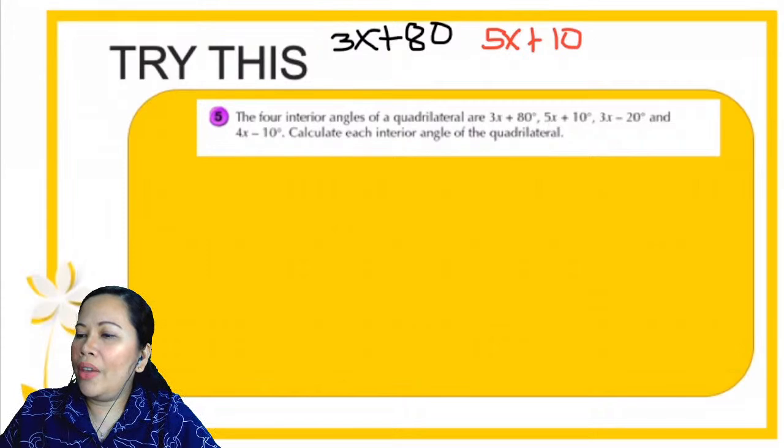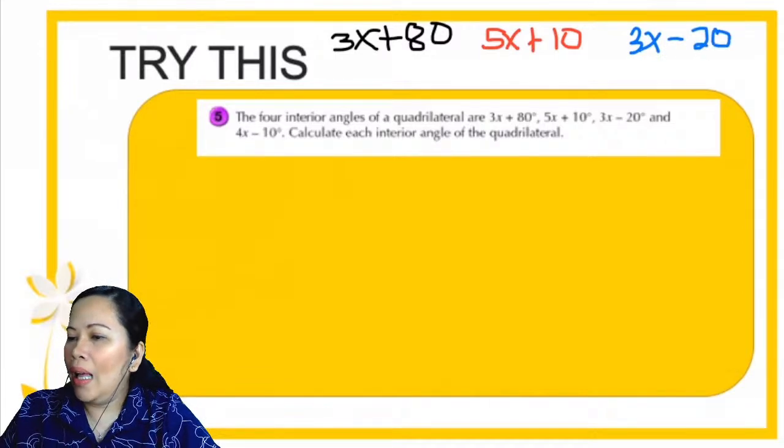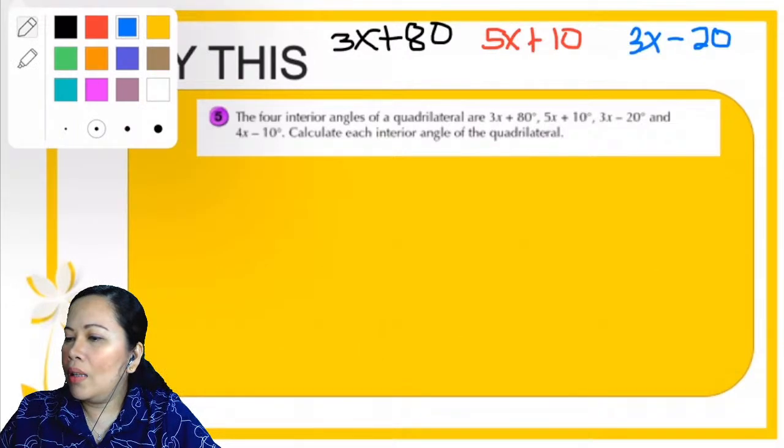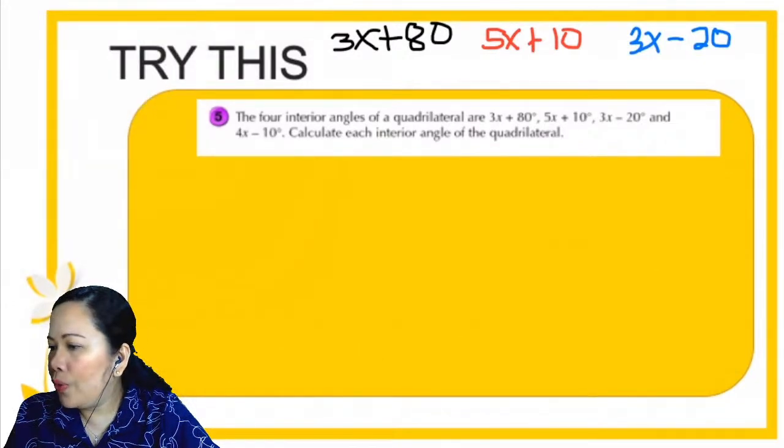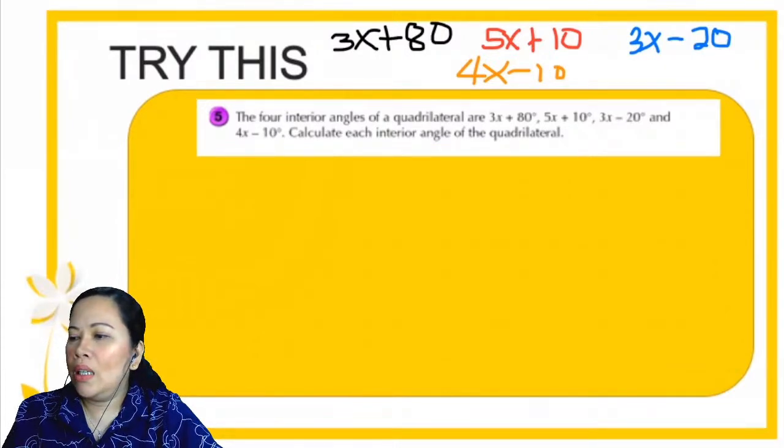The other interior is 3x minus 20. And the last interior is 4x minus 10. And it says that it's a quadrilateral. You are asked to calculate, just find me x.